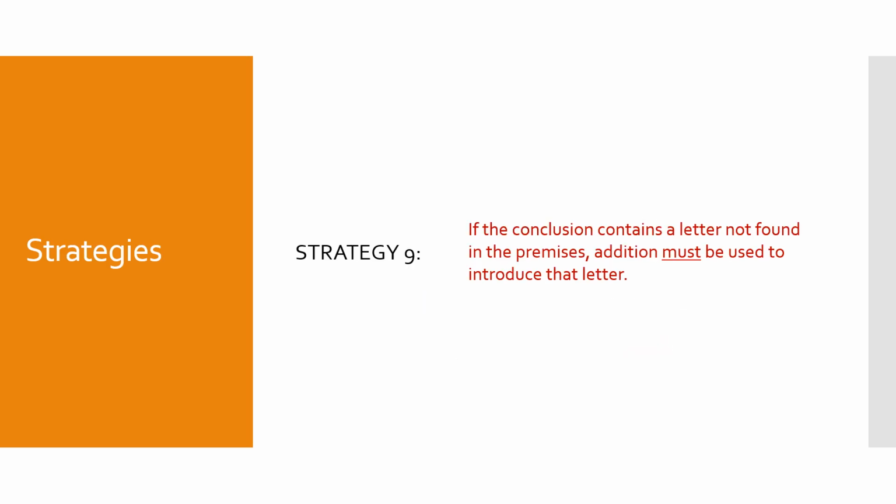So the last strategy we have to look at is strategy 9. This says if the conclusion contains a letter not found in the premises, addition must be used to introduce that letter somehow. The only way we can bring in a term that is not found anywhere in the premises is to do that by way of a disjunctive proposition and by using addition.